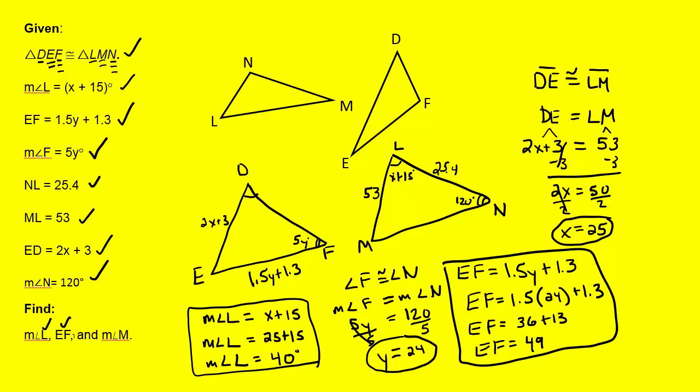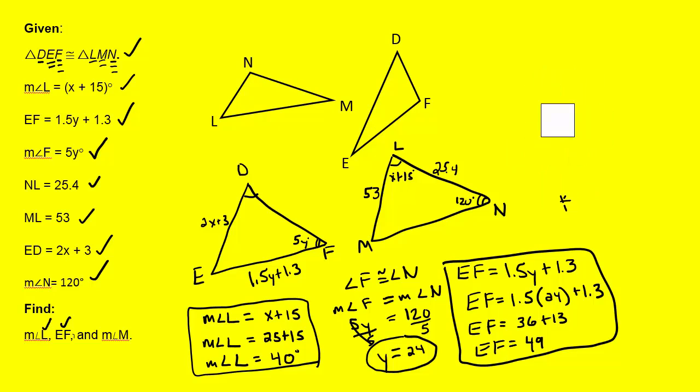And then, let me erase this. Do I need the x equals 25? So we need the measure of angle M. Let me erase this to make a little more space. On your paper, you'd want to carry on the work because you probably have more space than me.